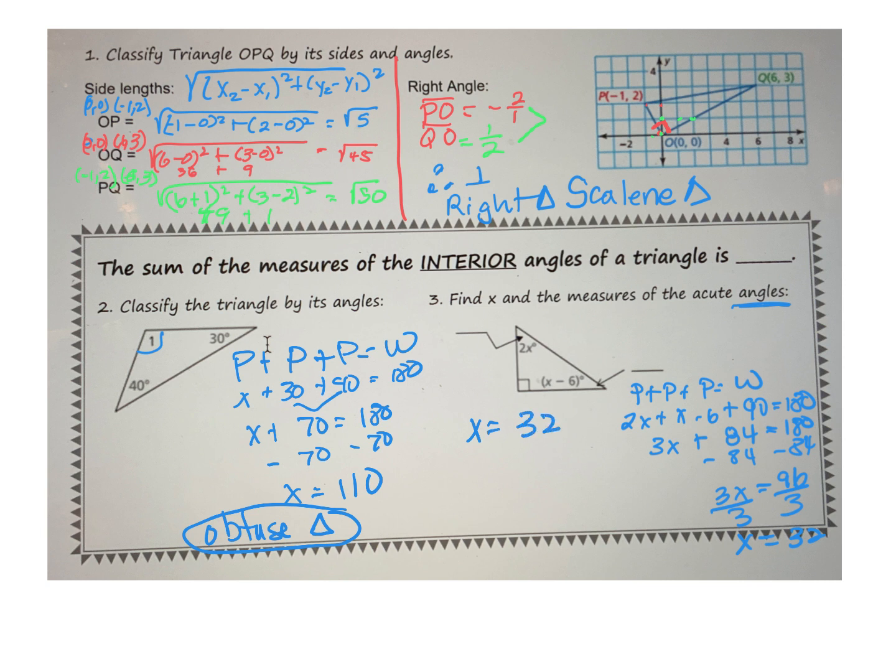Now what are the angle measures? If I look at this one right here, it would be 32 times 2, which is 64.